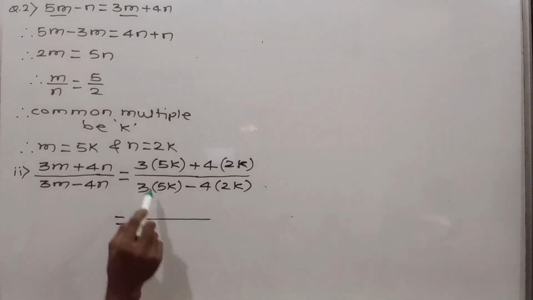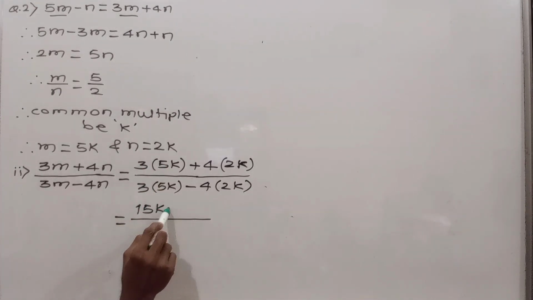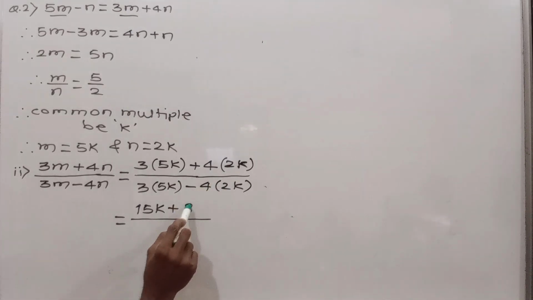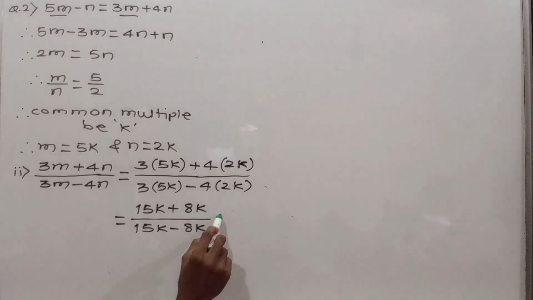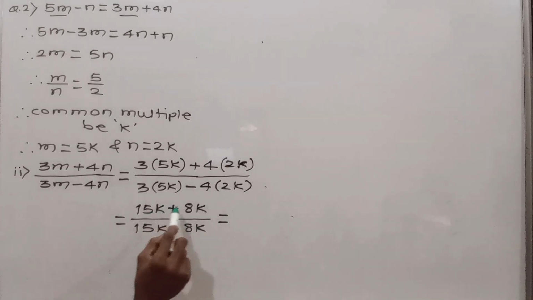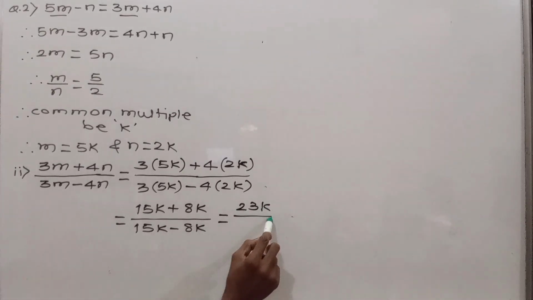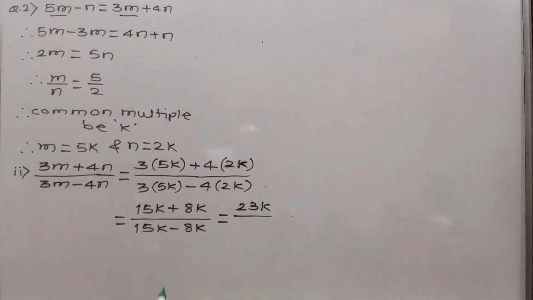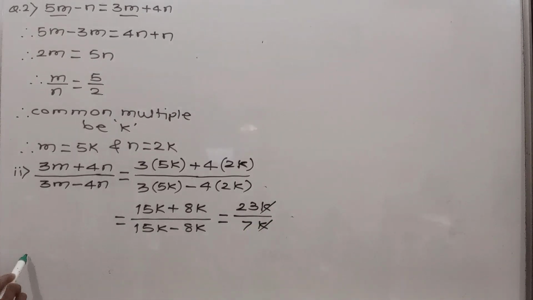Therefore 15k plus 8k, 23k, upon 15k minus 8k, 7k. k cancelled.